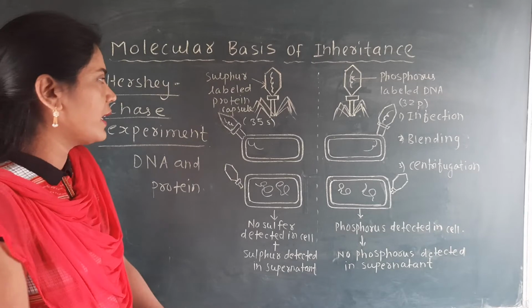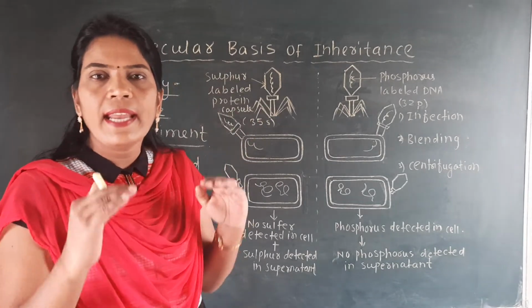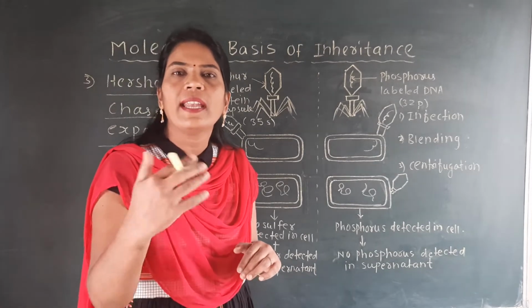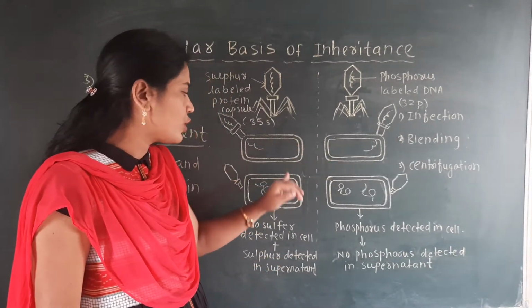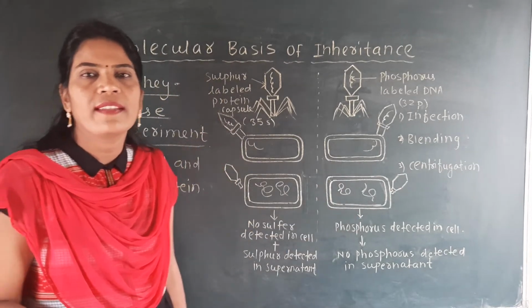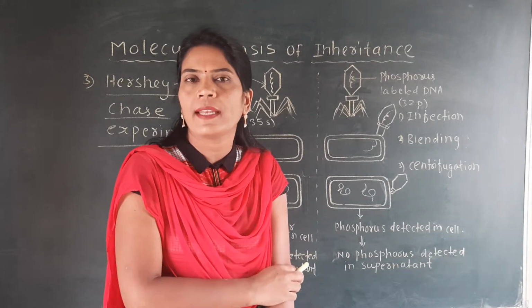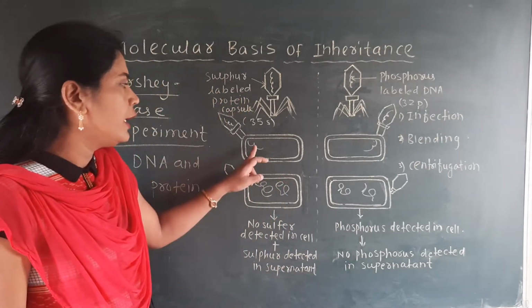Then what happened next? We know the property of bacteriophage, that any bacteriophage does not enter into the body of the bacteria. So this is the structure of the bacteria, and if any bacteriophage attaches to the surface of bacteria, it first injects its genetic material into this bacteria.